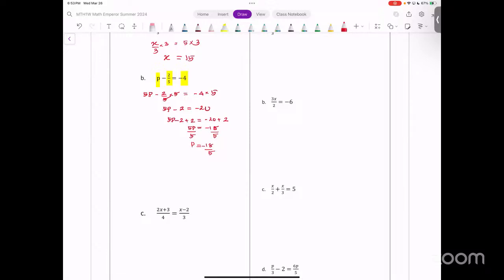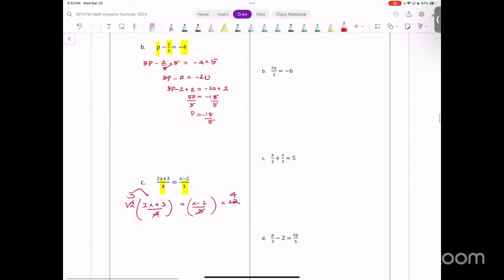When we got 4 and 3, what is the least common multiple for 4 and 3? Cool. So we're going to be multiplying 2x plus 3 over 4 and also x minus 2 over 3 by 12. This is going to be 3. This is going to be 4. So we're going to multiply now. 3 times 2x is 6x, plus 3 times 3 is 9, is equal to 4 times x is 4x minus 8.